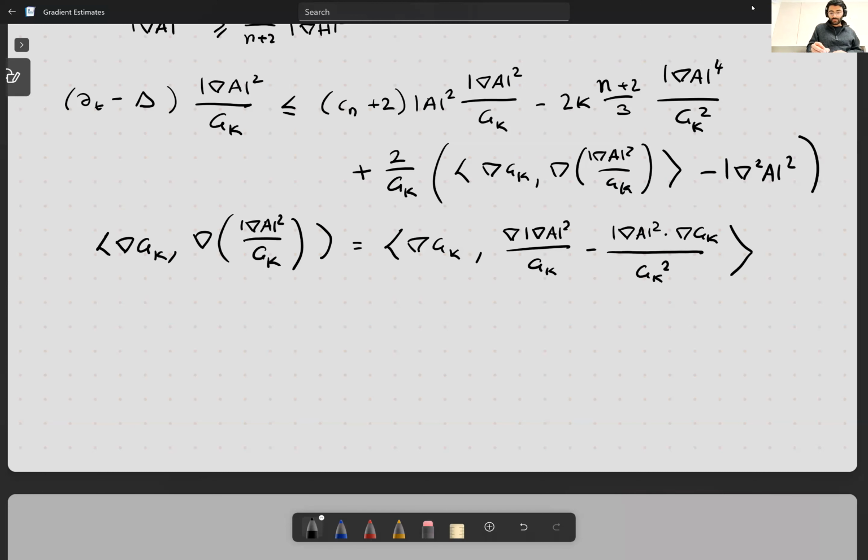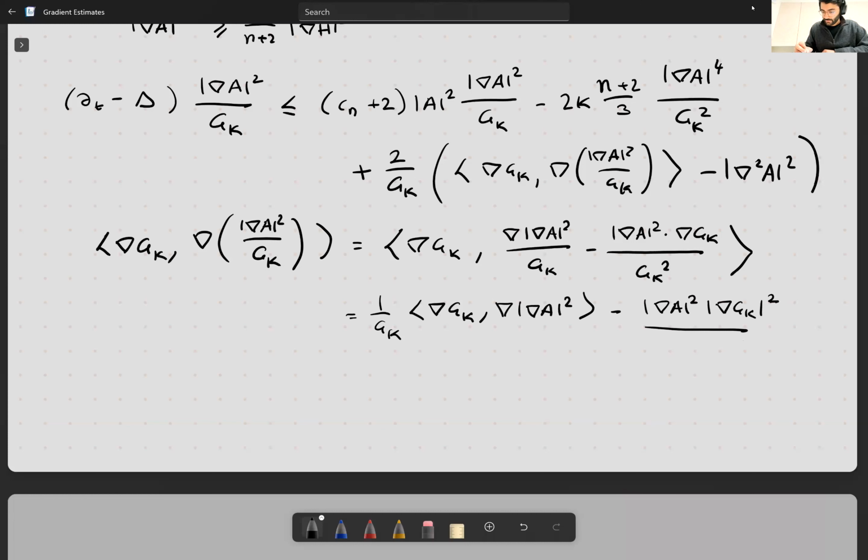And you get a norm of gk here, and then you get 1 on gk times this inner product, and then minus this divided by gk squared.